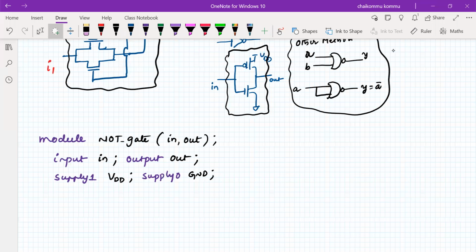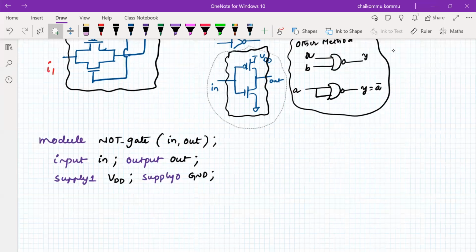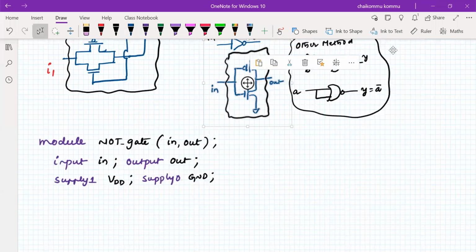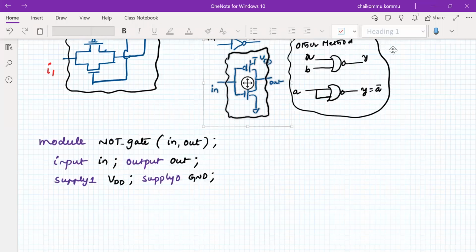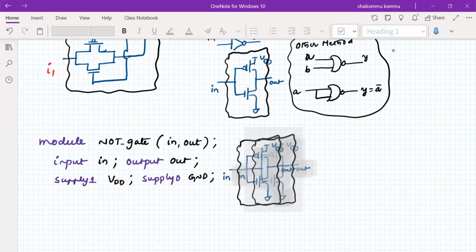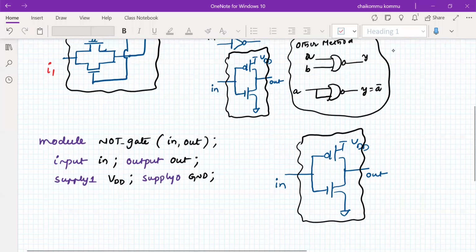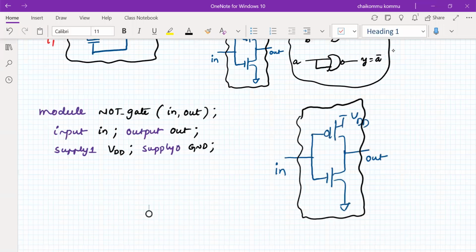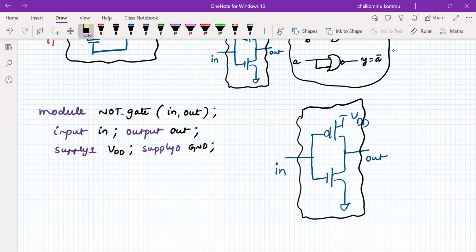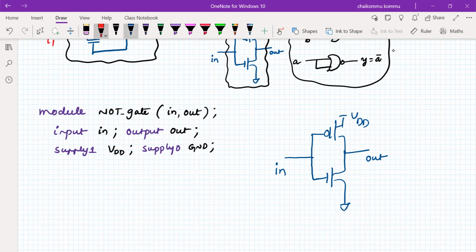What is the program for this? Before writing the program, first we should know what the PMOS switch looks like.